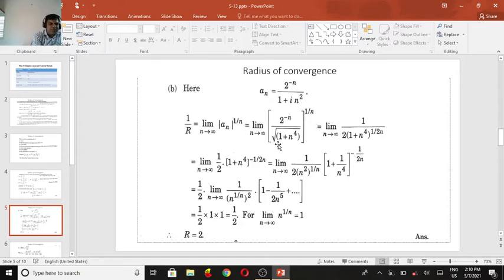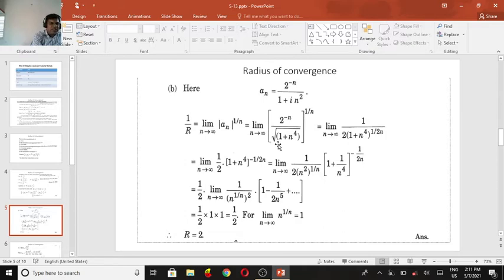Again, this is the limit as n tends to infinity of 1 by 2 into n squared whole to the power 1 by n of 1 plus 1 by n to the 4. So we take n to the 4 as common on the outside, whole power minus 1 by 2n.